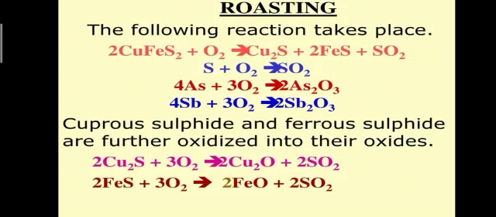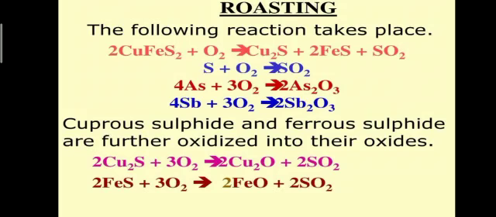The first one, CuFeS2, is basically the formula for chalcopyrite. The chalcopyrite reacts with oxygen to form cuprous sulfide and ferrous sulfide, with the liberation of sulfur dioxide. The cuprous sulfide and ferrous sulfide are further oxidized into their oxides.